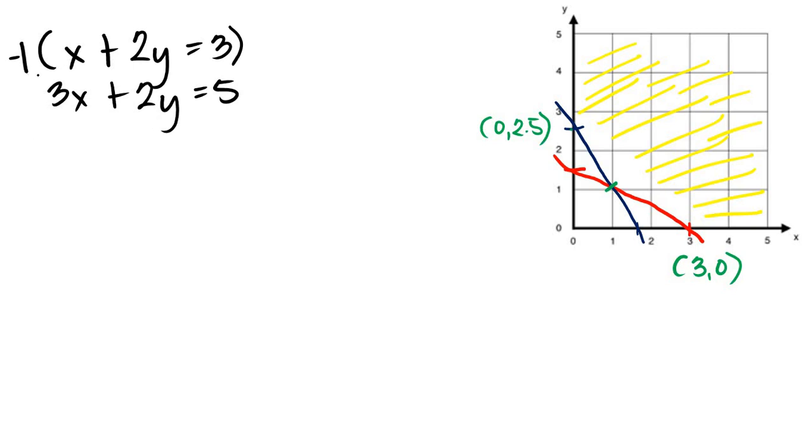We multiply the whole equation by negative 1. Negative 1 times x is negative 1x. Negative 1 times 2 is negative 2y, equals negative 1 times 3, that would be negative 3. The second constraint, we will simply copy: 3x plus 2y equals 5.